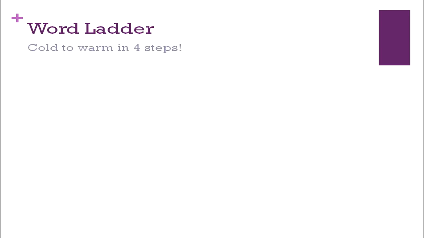Now, word ladder. This is another game that you can play with your students, or you can do it with your friends to develop your vocabulary: from cold to warm in 4 steps. Have you observed that warm has been turned into cold by changing one letter at each step, and at each step I have to change the letter in such a way that it creates a new, meaningful word.